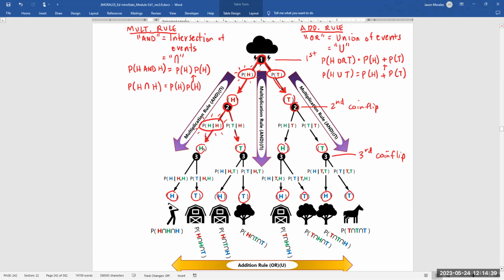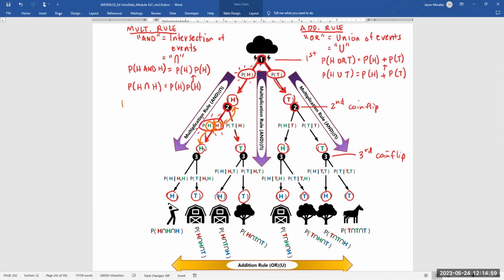So this probability, this second one, is the probability of getting heads a second time given the probability of getting heads the first time.